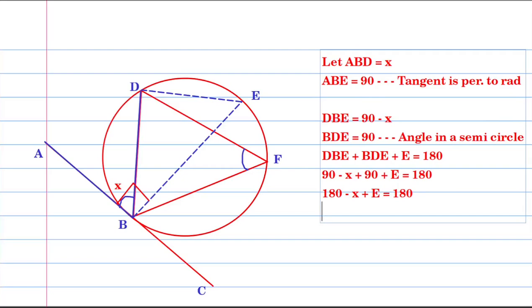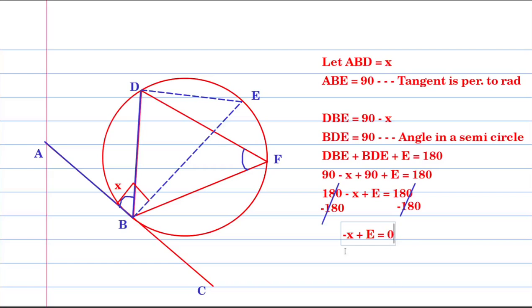And then from there, let's subtract 180 from both sides of the equation. Minus 180, minus 180. So what does this give us? This is going to cancel out with that. And then you are left with minus x plus E is equal to 0.